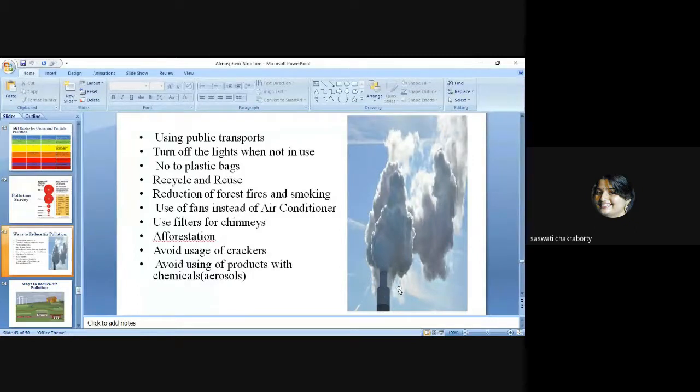What do you say? Afforestation, isn't it? Planting of more trees in a 2:1 ratio. Avoid usage of crackers, although nobody follows this rule anyway. Avoid using products with aerosols or chemicals.